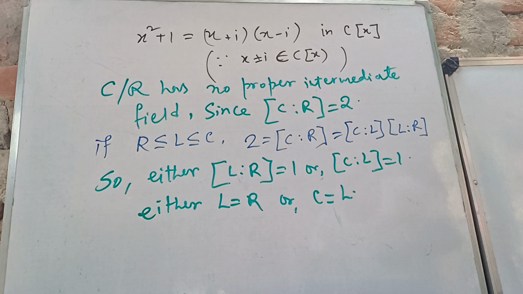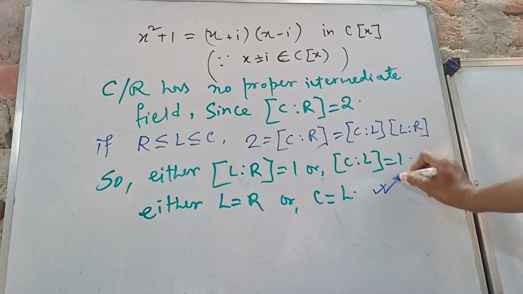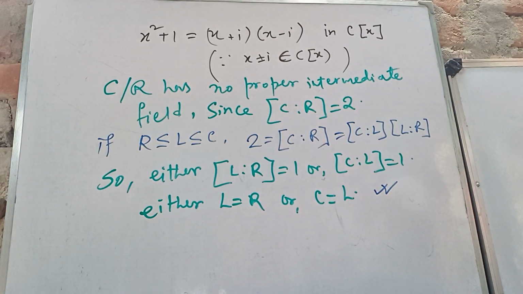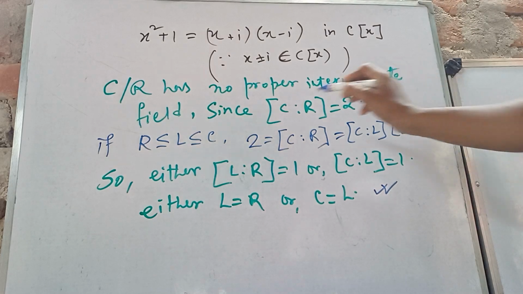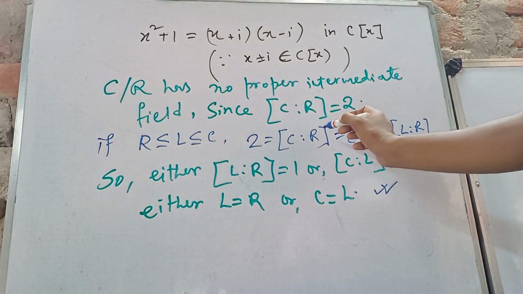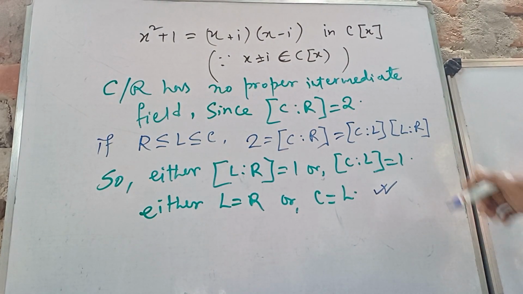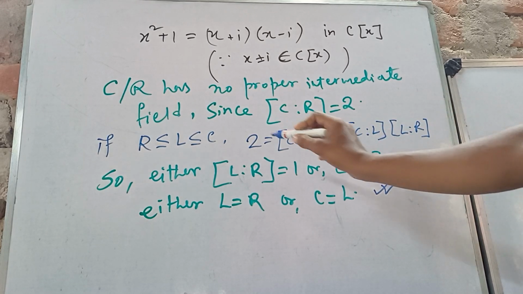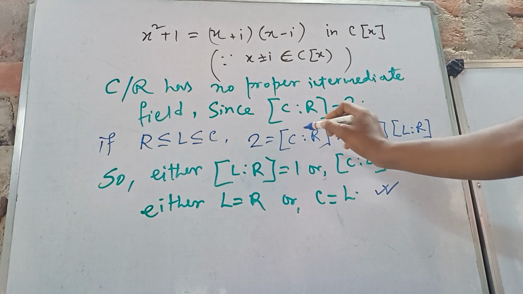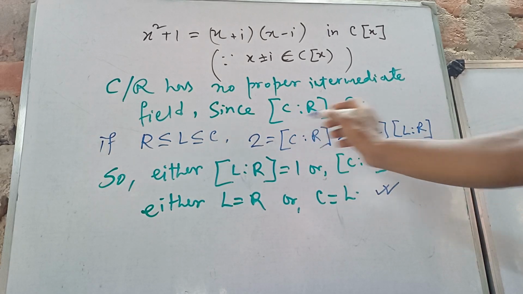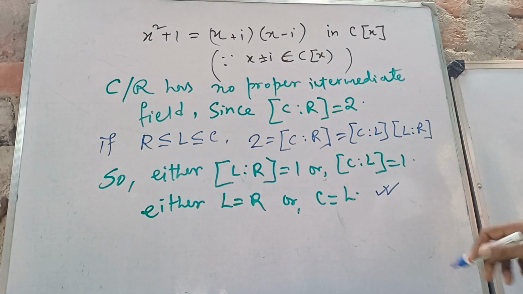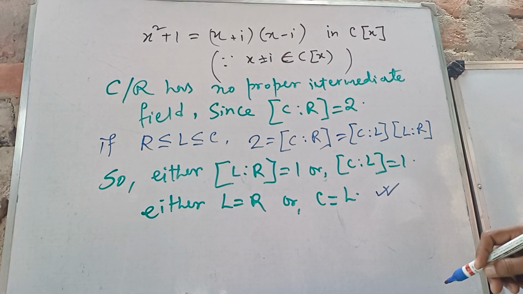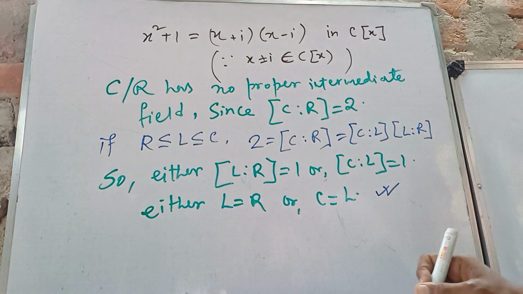That means we obtain that C, an extension of R, has no proper intermediate field by using the index theorem: the index of R in C equals the index of L in C multiplied by the index of R in L, which equals 2. That means one of them is 2 and the other is 1. So this happens.